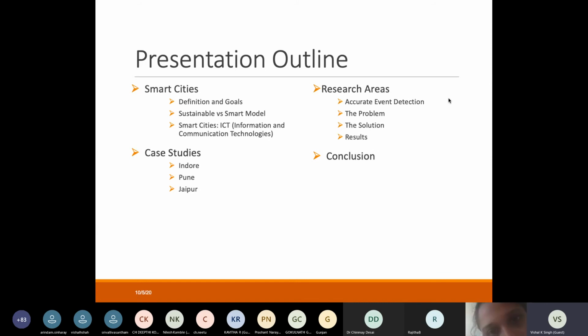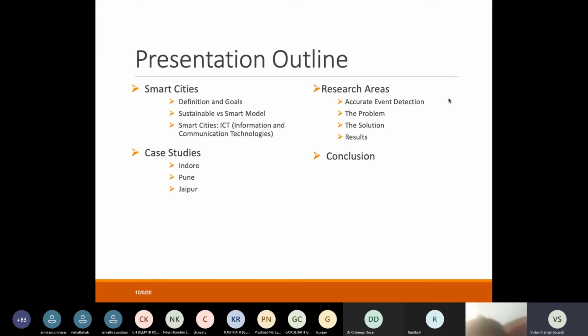So accurate event detection in surveillance systems is what we'll be discussing as a research problem. Then I'll describe the problem in a bit of detail, and then quickly I'll try to explain the solution which we have given for this and the results which we have obtained with the proposed solution. And finally, the concluding comments.